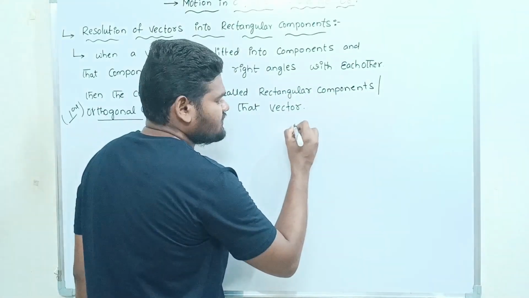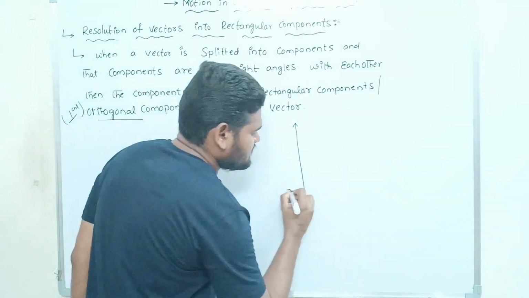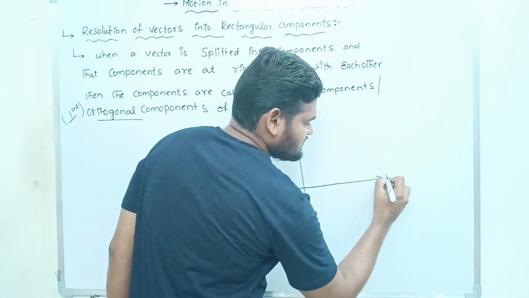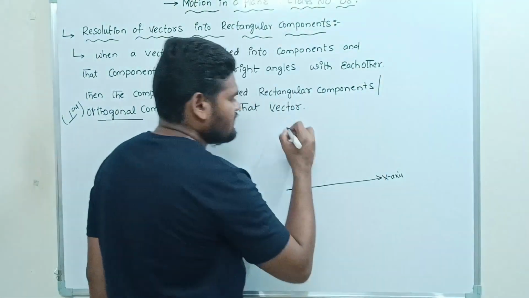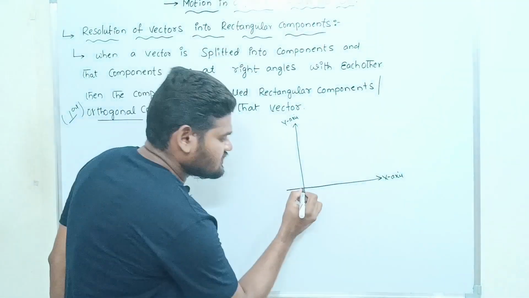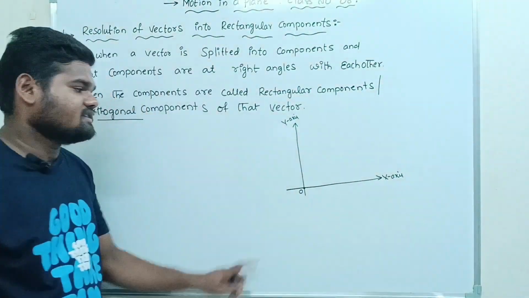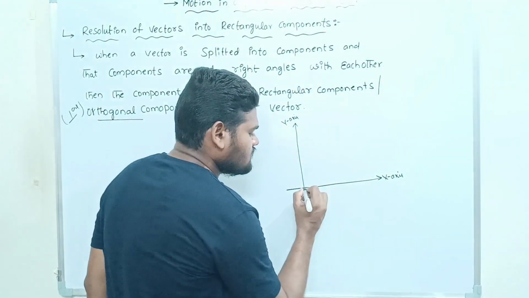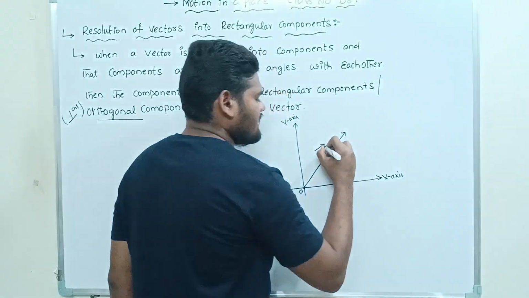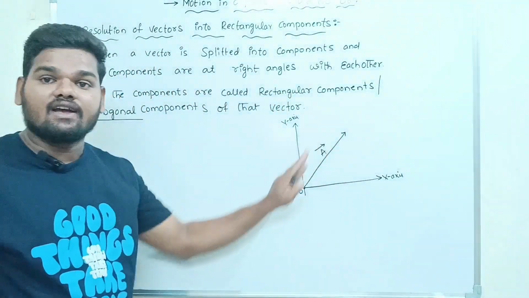I'm taking a two-dimensional plane. This is the x-axis and this is the y-axis, and this is the origin O. From this origin O, I'm taking a vector a bar, which passes through the origin.